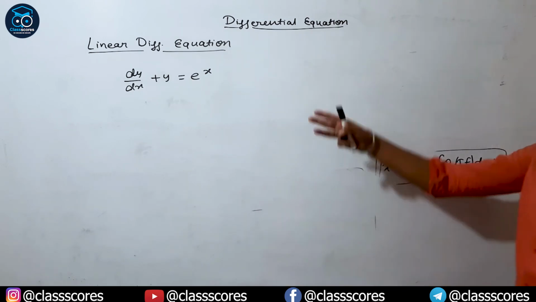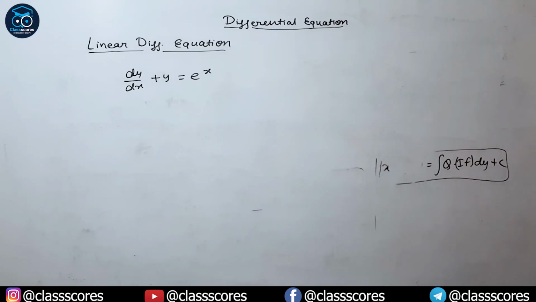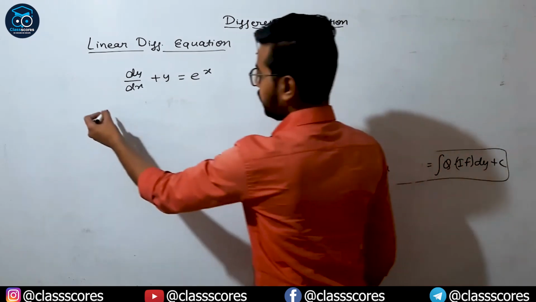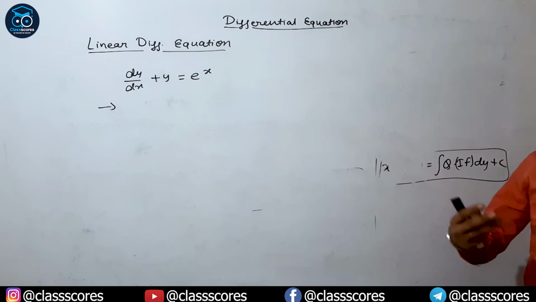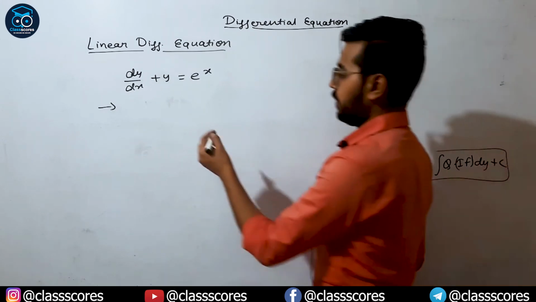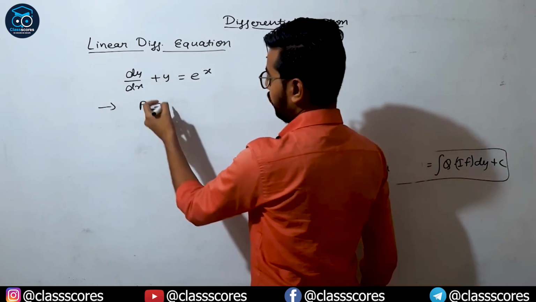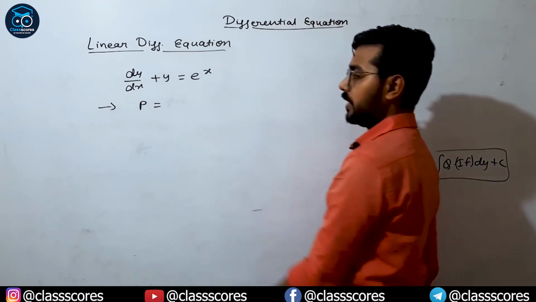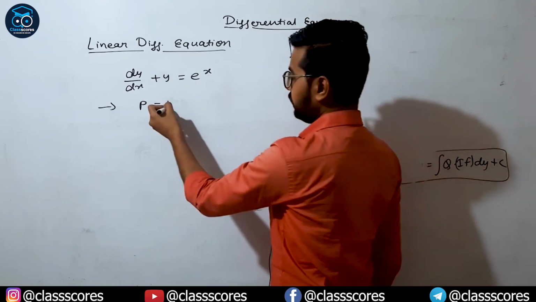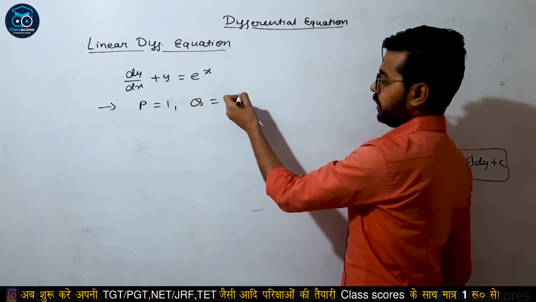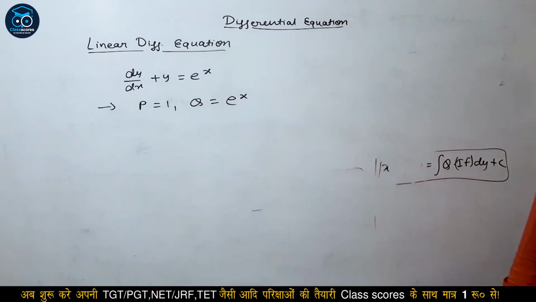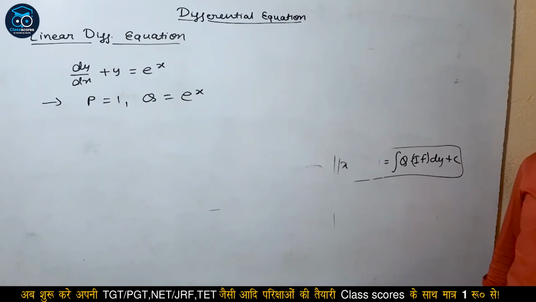So it is already available in the given form. So our step 1 is to compare it with our basic equation and find the value of p. Here the coefficient of y is p, so it is 1, and the value of q is its RHS part, so it is e to the power x.